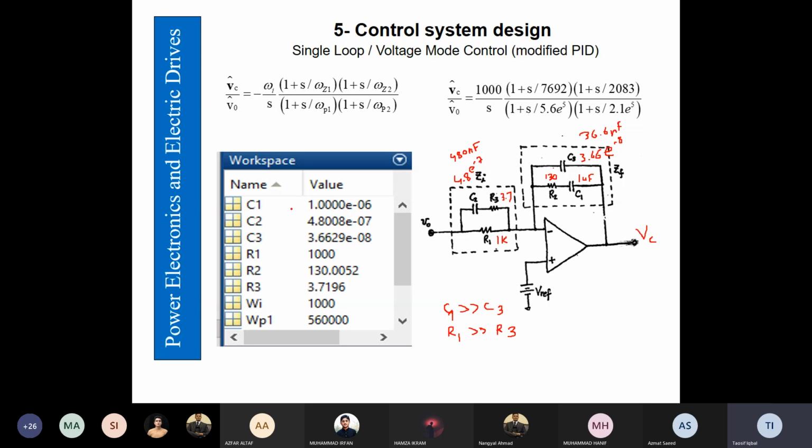We can see from here C1 is 1 microfarad and C3 is 3.66, or almost in nanofarad.